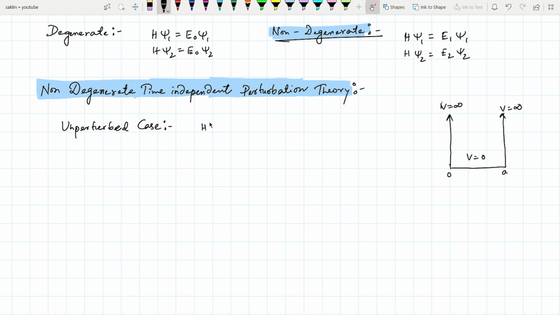Here I am considering this is the Hamiltonian, this is the eigenfunction, the eigen wave function, and this is the energy eigenvalue.